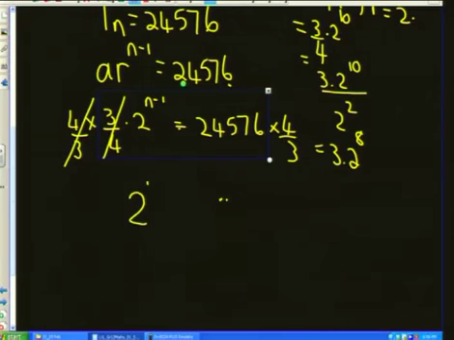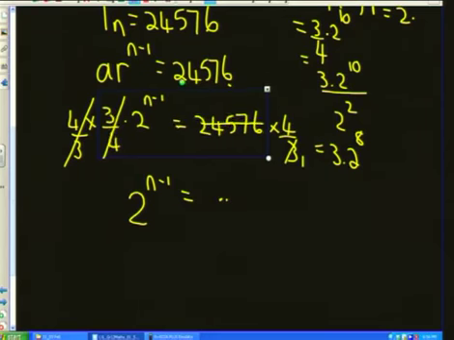So I have 2 to the n minus 1 equals, and over here 3 will go once, and into there 3 into 24 goes 8 times, 3 into 9 goes 3, 3 into 2 goes 0, and then 4 times that is going to be 98304. I'm being very good without my calculator today.